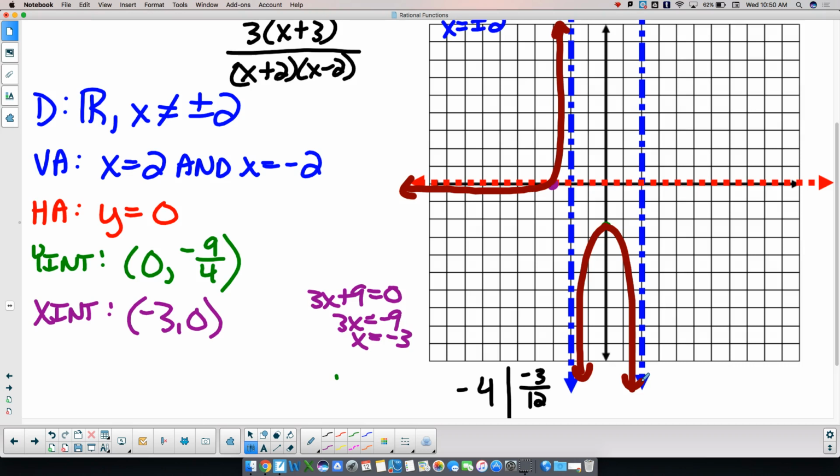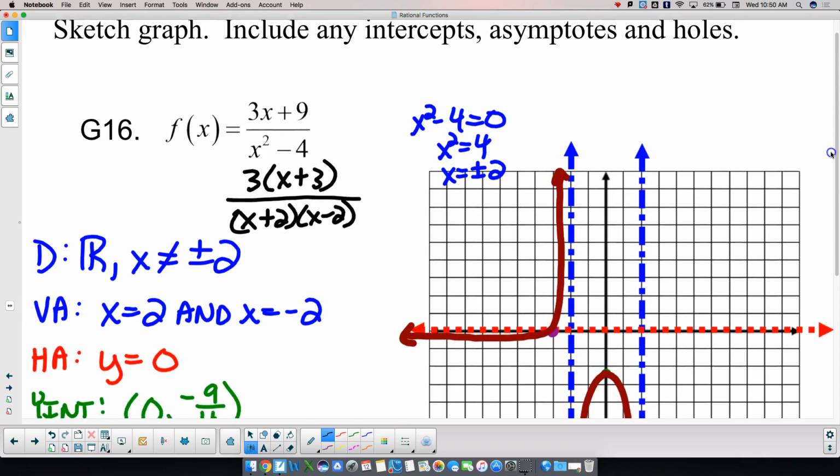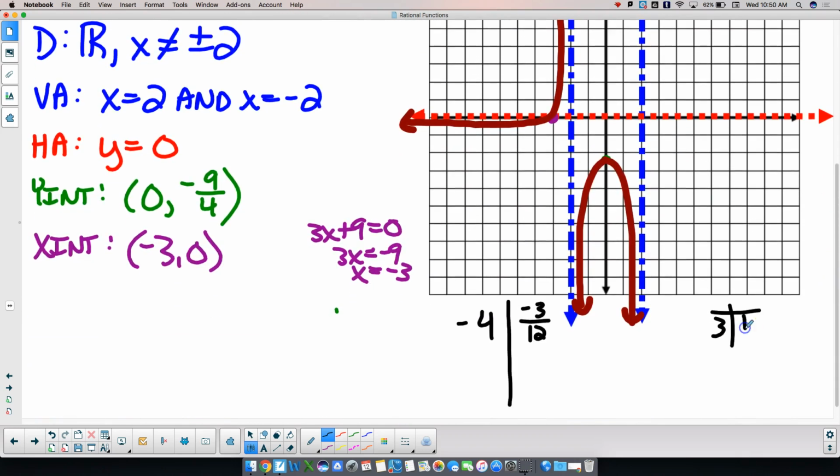Then I come over here and I say, all right, let's go with 3. 3 times 3 is 9, plus 9 is 18. 9 minus 4 is 5, so that's going to be a little bit more than 3.